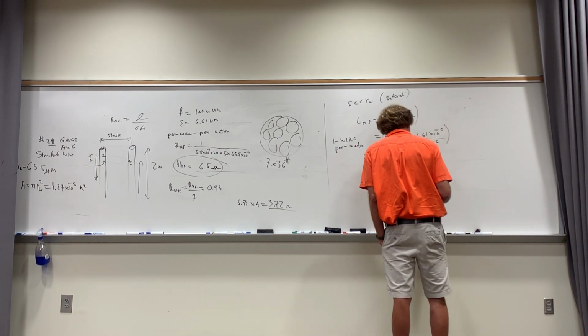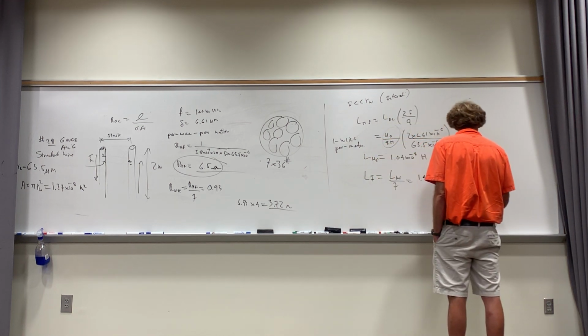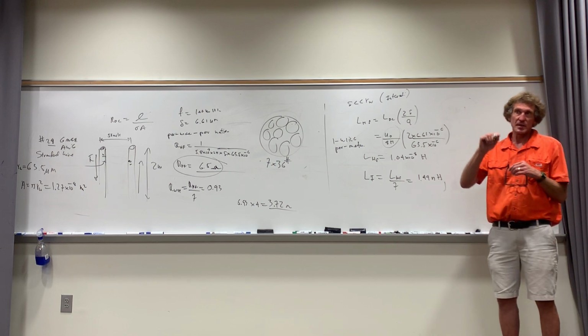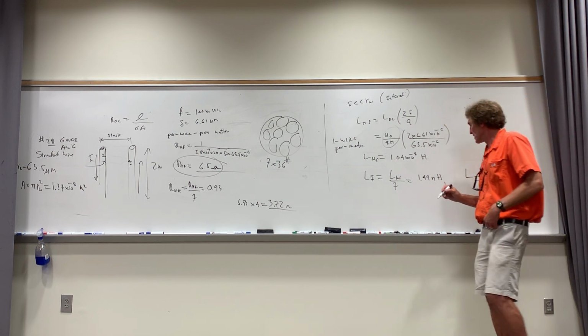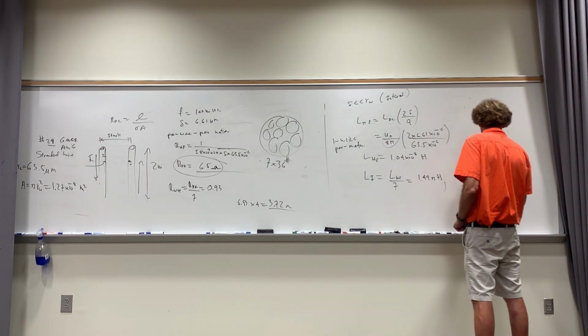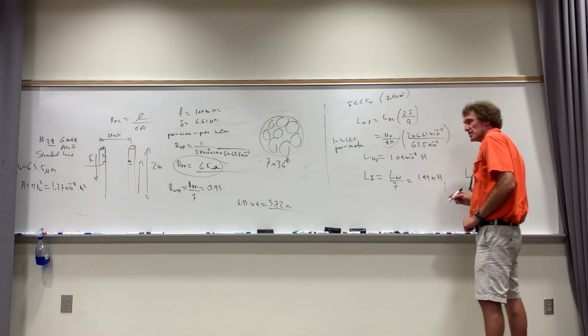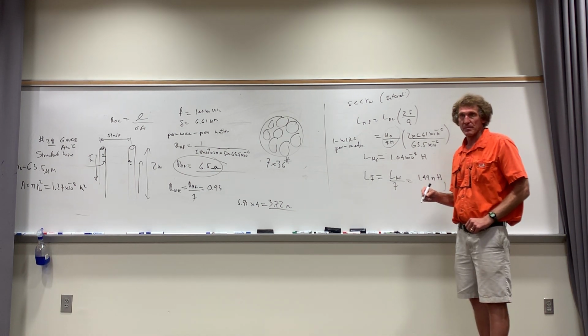And therefore, the total internal inductance would be that times 4, right? Because we got 2 meters one way, 2 meters another way. So if we take 4 times that, what do you get? 5.95 nanohenries. That matched our answer? Yes, sir. Okay, that's how you get that.